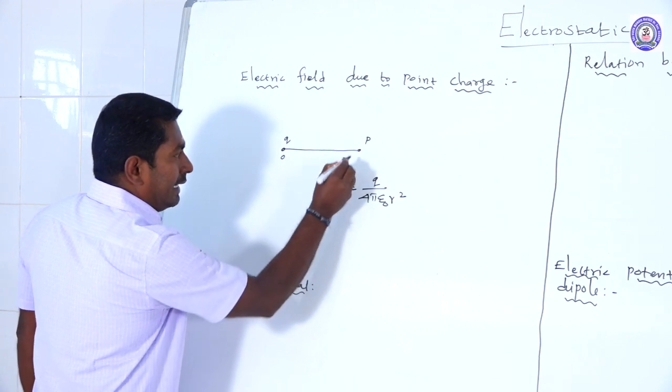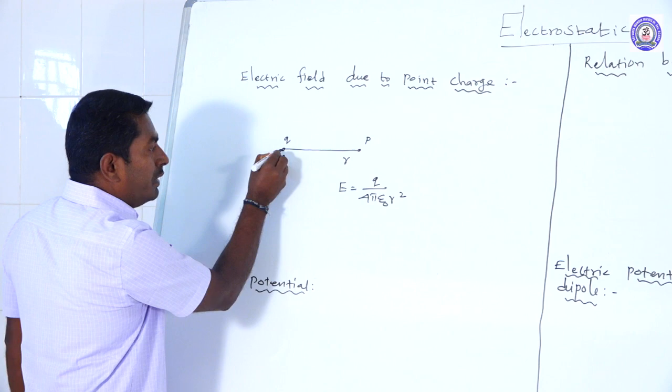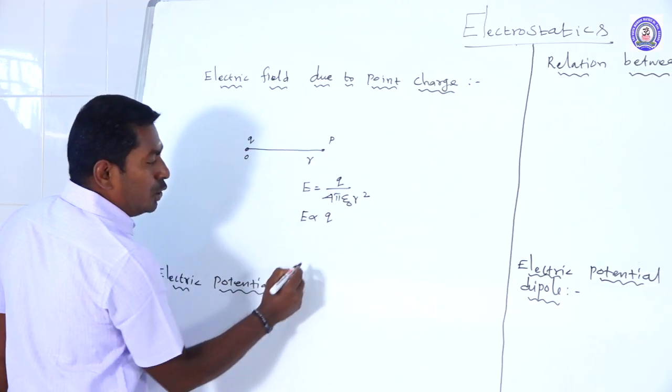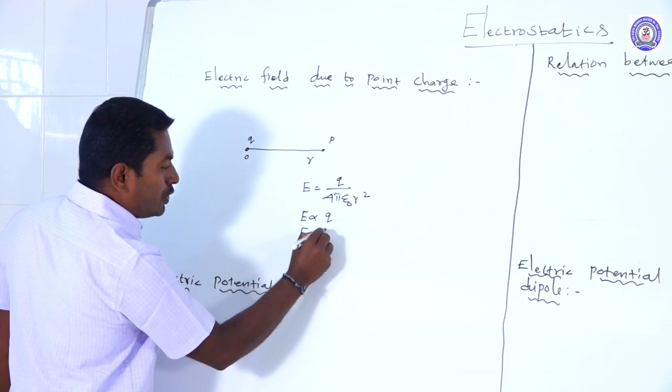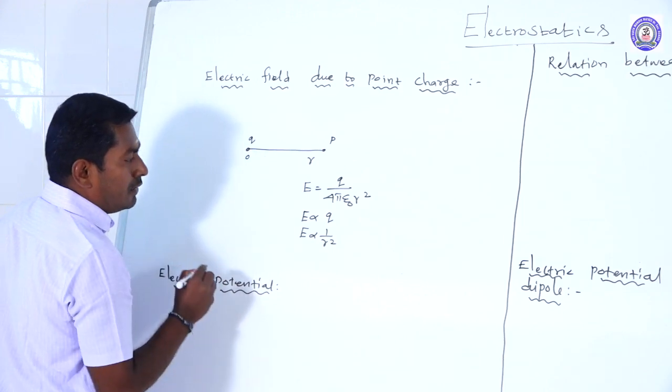Then the electric field at a point P due to a point charge in air medium or vacuum or free space is directly proportional to the magnitude of charge and inversely proportional to the square of the distance of the point from the point charge.